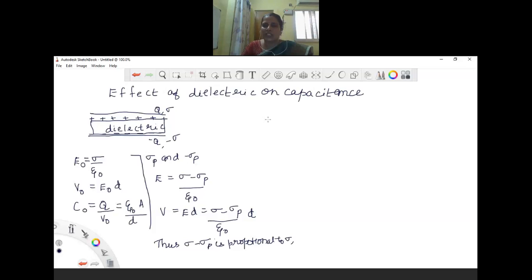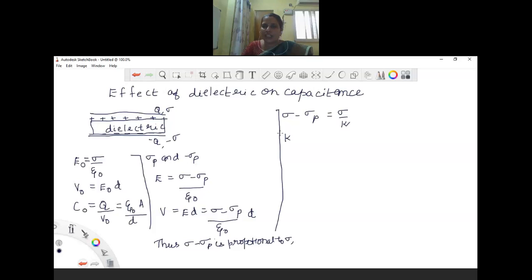Then we can write sigma minus sigma p is equal to sigma divided by K. What is this K? K is the constant of proportionality.